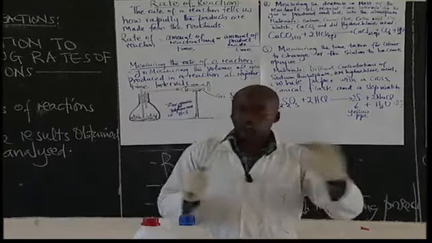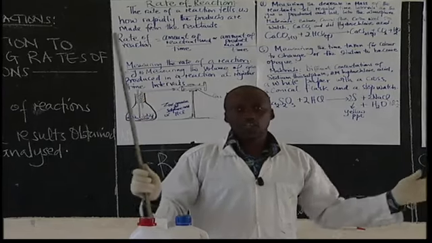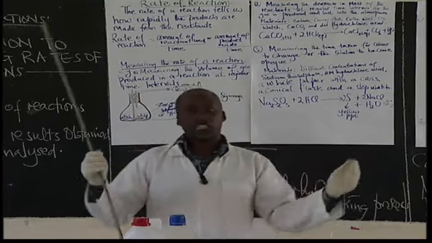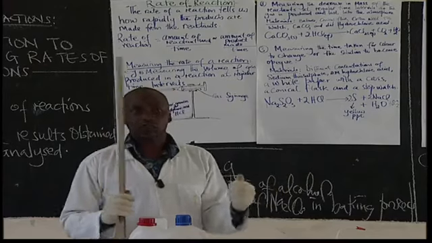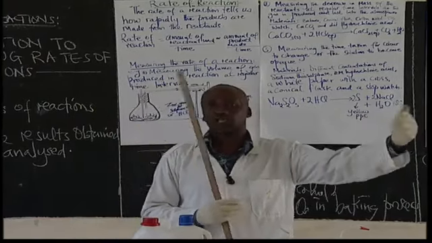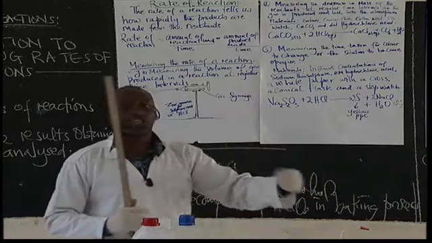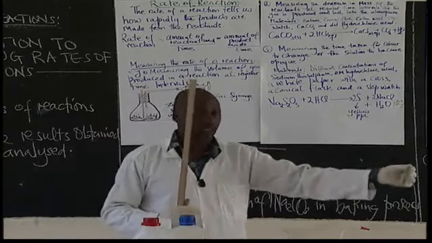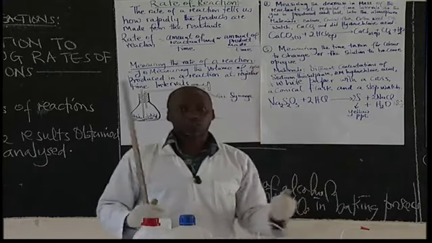I've said the regular intervals can be either 5 seconds or 10 seconds. Maybe 5 seconds may be a very short time, but you can take 5 or 10 seconds and record the volume of the gas every 10 seconds, and then you will come up with the data.